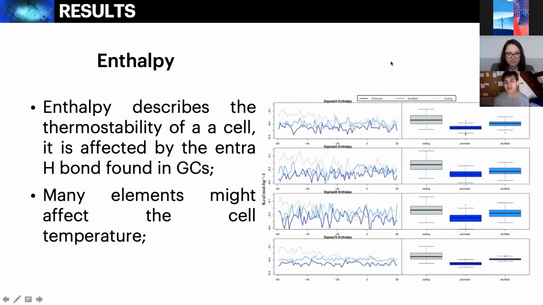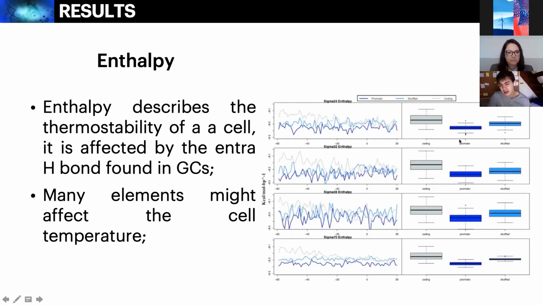Several processes that happen in a cell might affect the temperature, and finally the thermal stability, such as heat exchange, the storing of genetic information, and the mass transport inside and outside of the cell. All of these processes have been reported as contributors to changing the temperature of a cell. So that's how enthalpy might be used as a way for us to explain promoters.